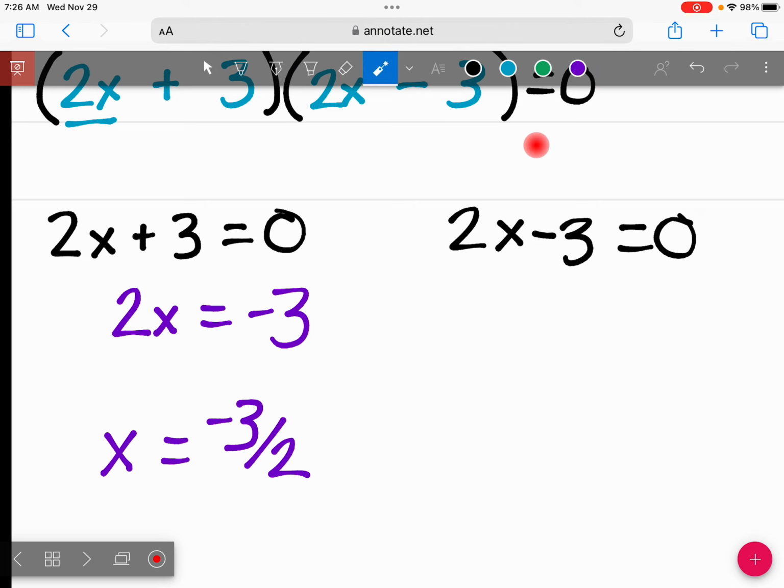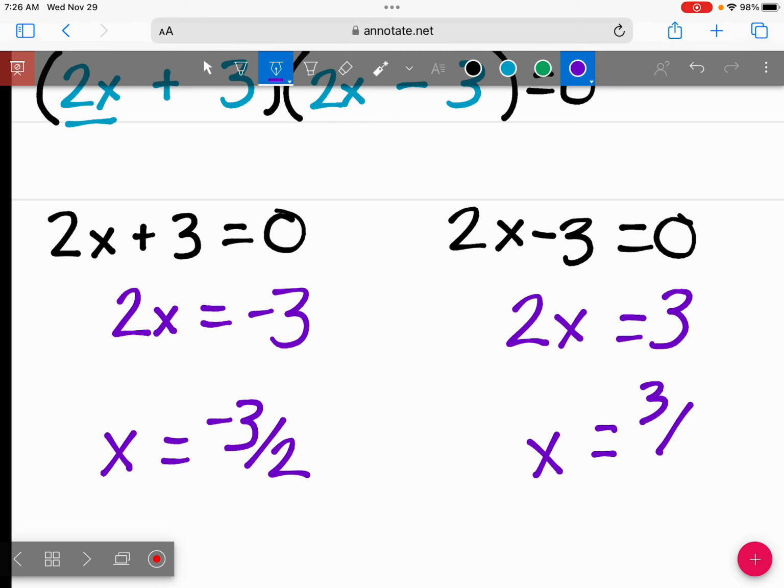It's the very same vibe over here, where we're adding 3 first. 2x equals positive 3. Divide both sides by 2, and we get x equals 3 halves.